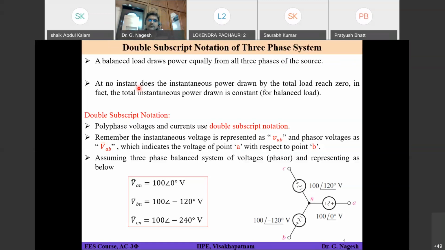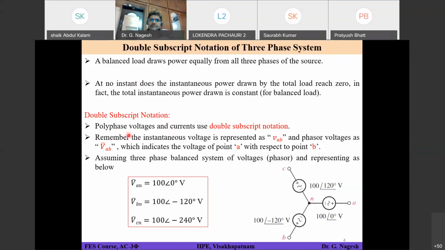You can't call voltage as VA. You should call voltage as VAB or VAN. If you say VAN, it is the voltage of phase A with respect to neutral. VAB is the voltage of phase A with respect to phase B. So that's the standard we should follow.